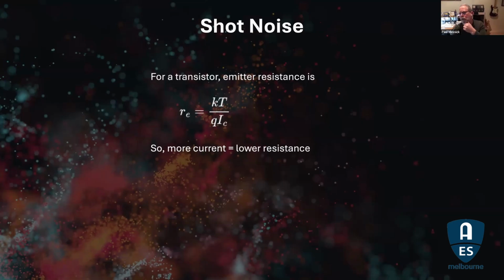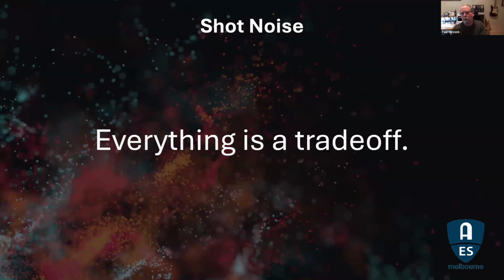So more current means lower emitter resistance. And lower resistance means less noise. So more current meant more noise, but now more current means less noise. So therefore, everything is a trade-off. Everything you do in design is a trade-off, especially with things like low noise and low distortion.